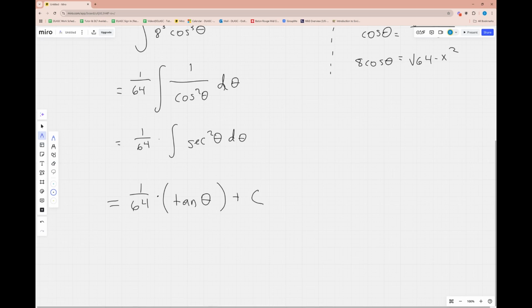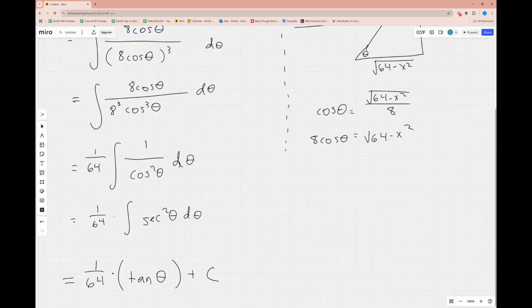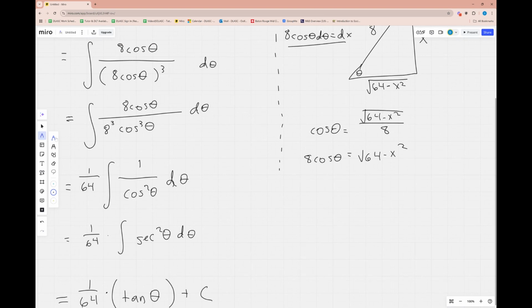Okay, well, that's all great, but I needed my answer in terms of x. So this is where drawing the triangle at the beginning of your problem is going to come in real good use. Okay, because every time you need to put this back in terms of x, you're going to need to look at your triangle to figure out how you can express whatever trig function you're left with in your final solution.